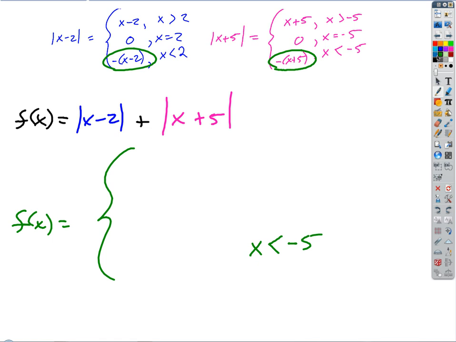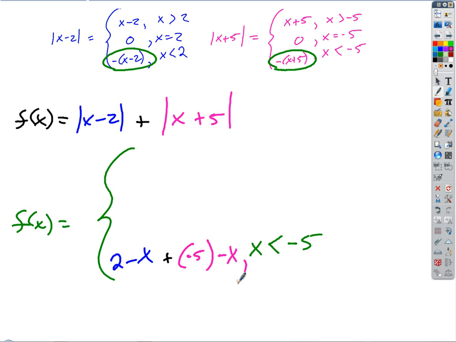We're going to get 2 minus x, if I just distribute that minus sign, plus, if I distribute that minus sign, I get -5 minus x. Oh, -5, minus x, yeah. Okay, agreed? And we'll simplify that in a second.